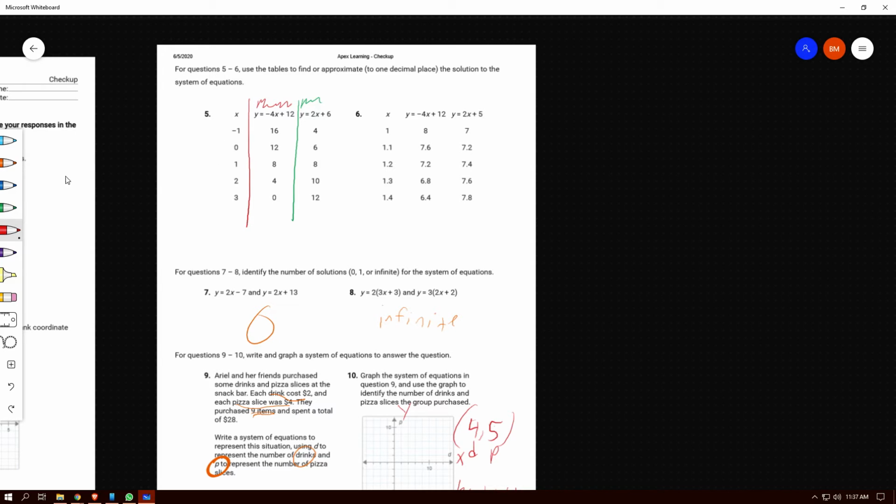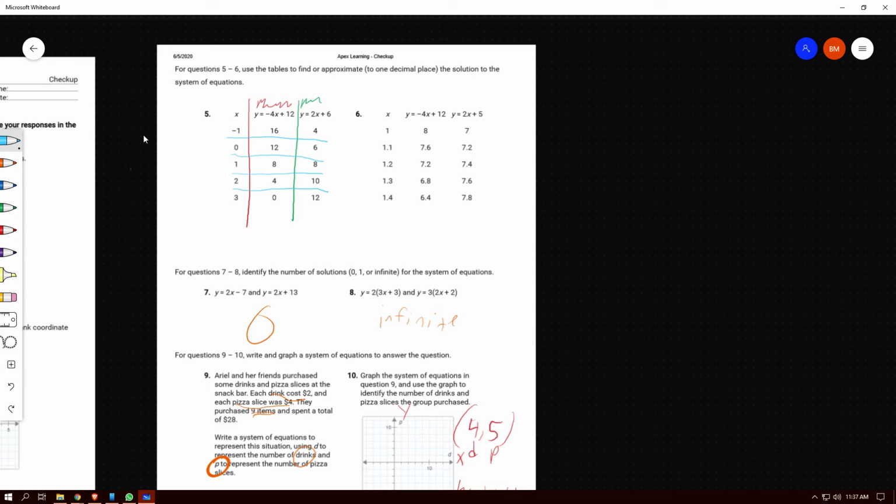Now, we're also given X values. And we know our solution is whenever at the same X value, the 2 graphs have the same Y values where they intersect, right? So we're looking for the ordered pair in which both equations share the same Y value for the same X value.